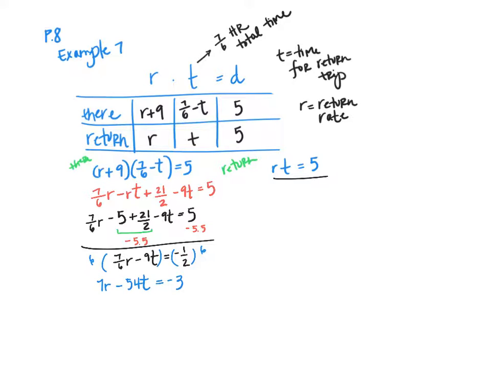You could have done R, but I went ahead and just divided both sides by R. And so every time I see a t, I can actually plug in 5 divided by R. So that's what I did. So I have 7R minus 54 times the quantity 5 divided by R equals negative 3.